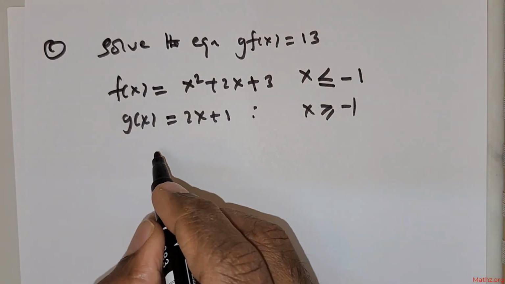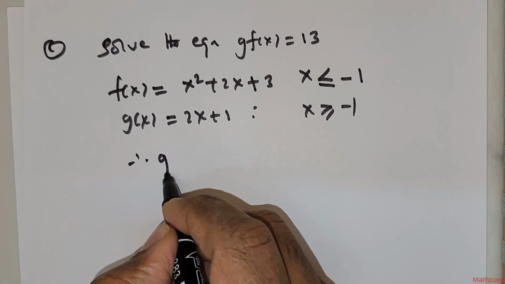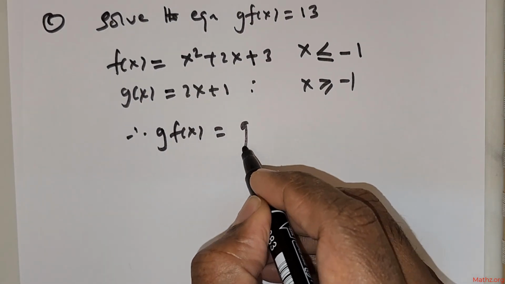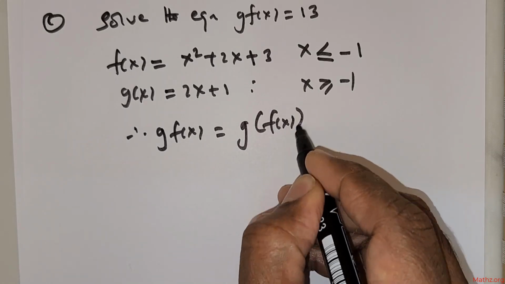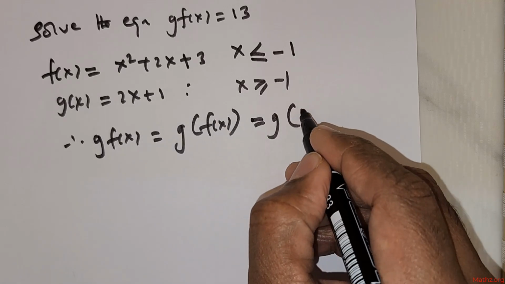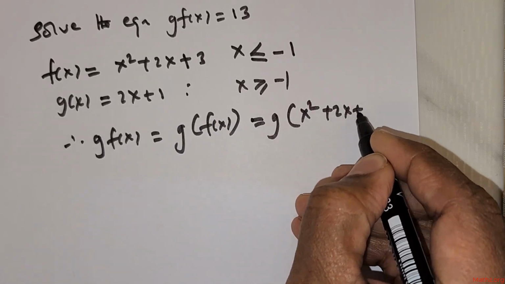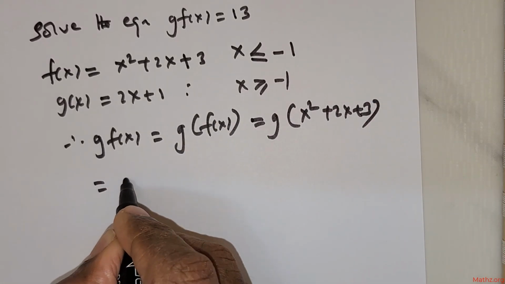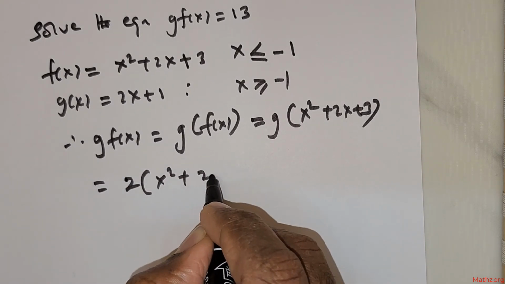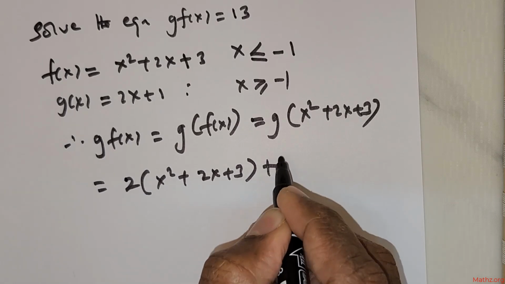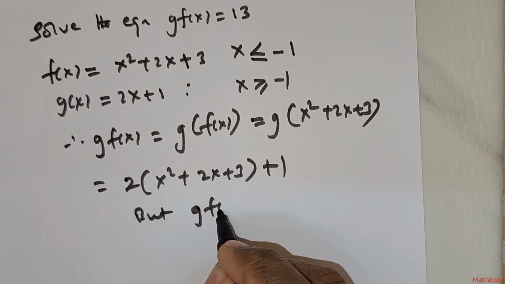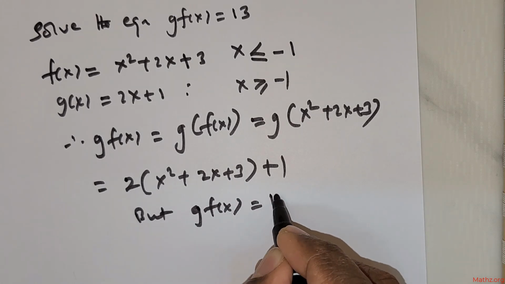Okay, so therefore g f x is written as g of f of x, which is equal to g of x squared + 2x + 3. So this means you have 2 times (x squared + 2x + 3), plus 1, but g f of x is given to be 13.